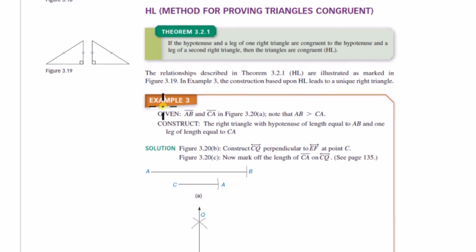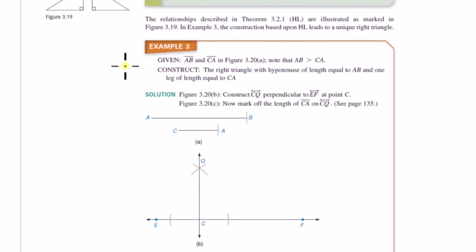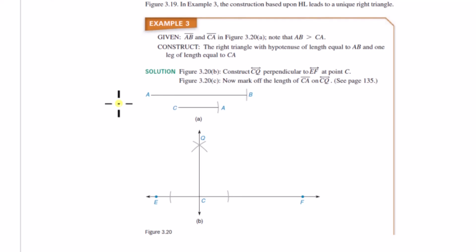Okay, in this example, they do a construction that helps to intuitively illustrate this theorem. It's not an official proof, but it gives you some intuition. So if segments AB and CA are given, so their lengths are fixed, note that the length of AB is greater than that of CA.